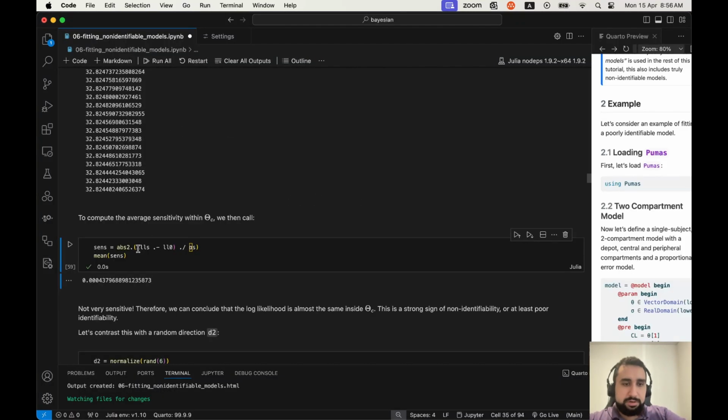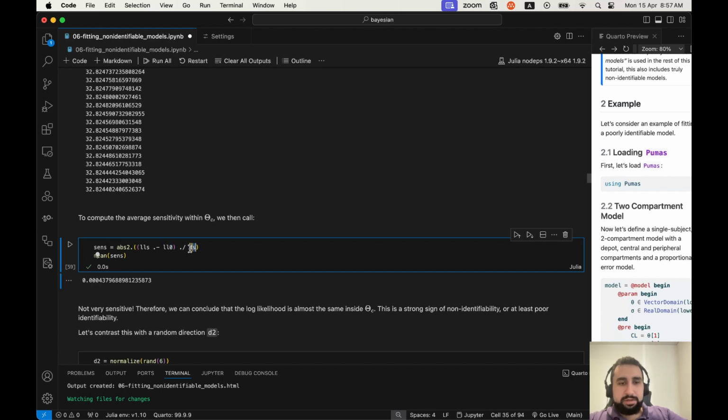Let's break this down. LLS, the log likelihoods vector, is a vector. This here is a scalar, so we're doing an element-wise subtraction to get the difference between each element in log likelihoods, or LLS, and the log likelihood at theta 0.